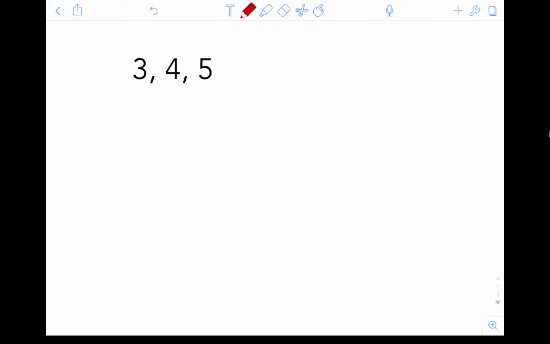Well, c is going to be the largest. 5 is the largest of those three, so it's c. For a and b, it really doesn't matter which one is a and which one is b between the two legs, but typically we'll say that the smaller is a and the larger of the two is b.